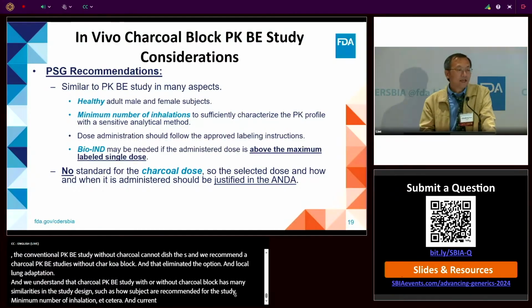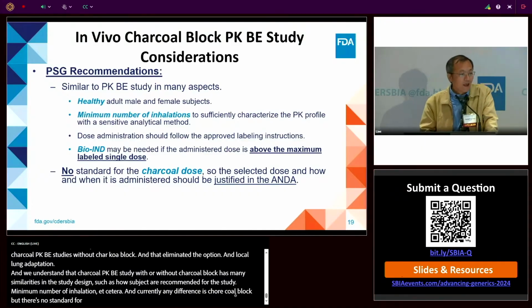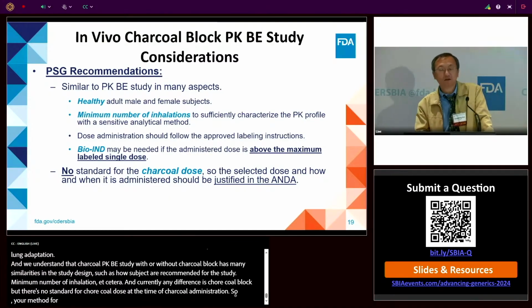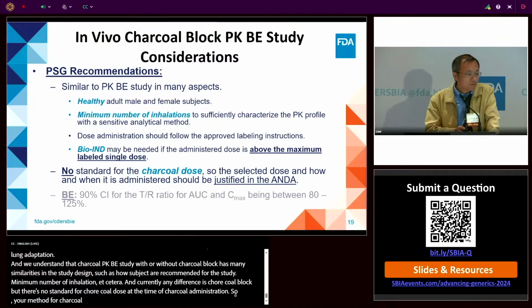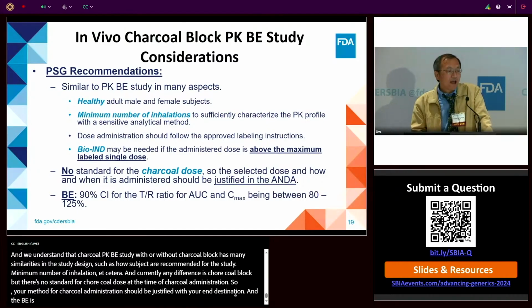But currently, there is no standard for the charcoal dose and the timing of the charcoal administration. Therefore, your method for charcoal administration should be justified in your ANDA submission. And the BE is based on the 90% CI for the T/R ratio for the AUC and the Cmax being between 80 to 125%.